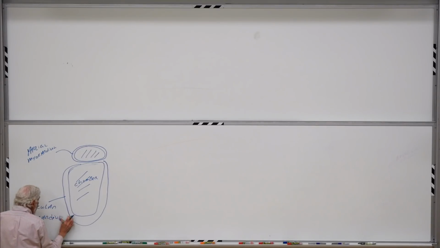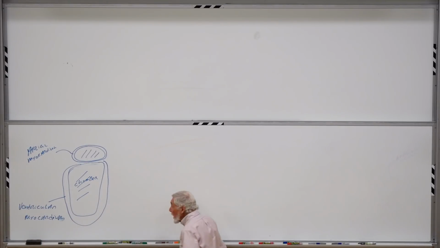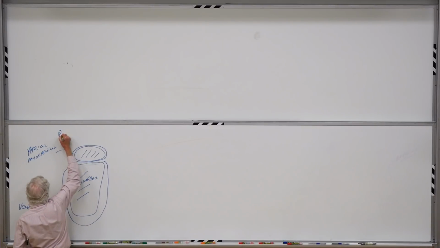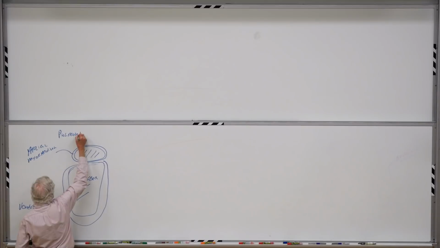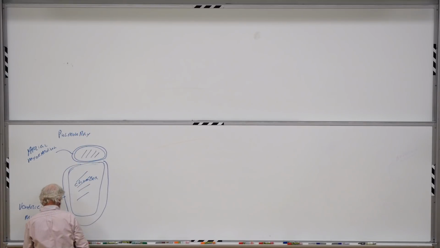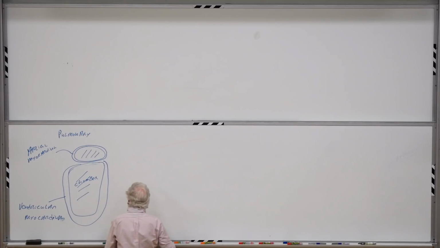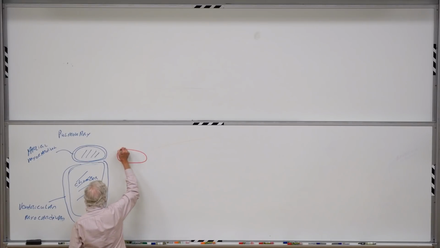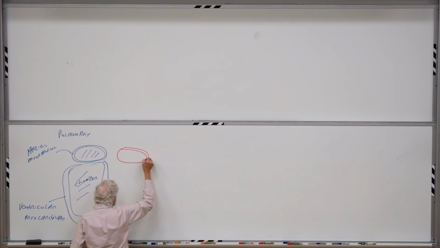And we emphasized yesterday that these are two pumps laid out in series. This right heart was said to be the pulmonary pump. And the left pump was said to be the systemic pump, but it had pretty much the same components.